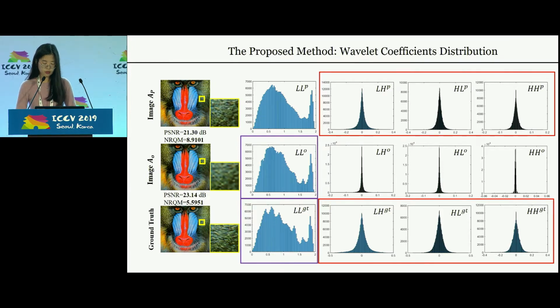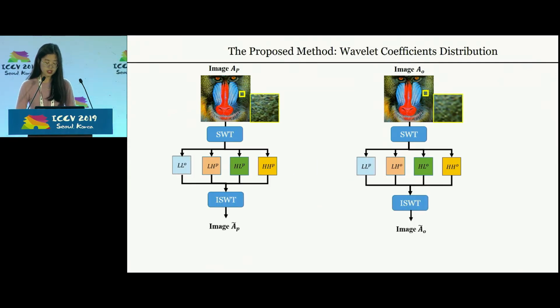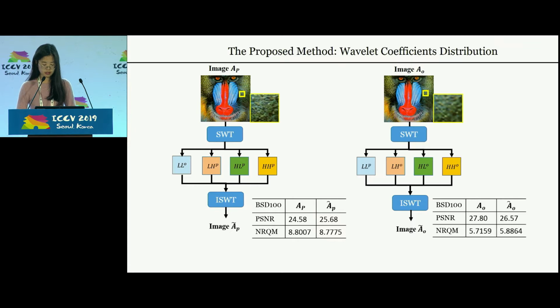So is this the reason why AP has high perceptual quality and AO has high objective quality? To verify this, we switch the low-frequency subbands of these 2 images, and then we reconstruct the image using inverse SWT. We can see the objective quality is changed a lot. However, the perceptual quality is not influenced too much.